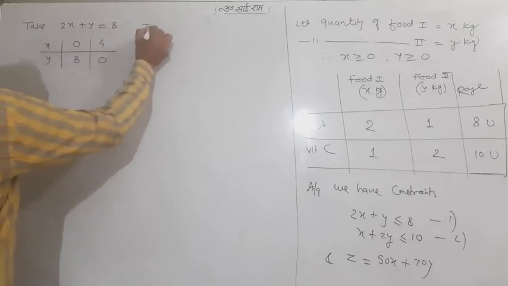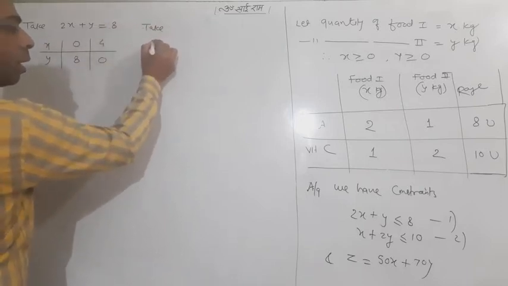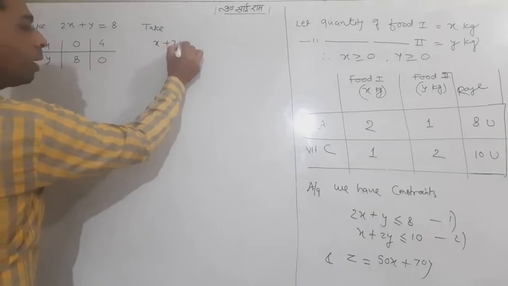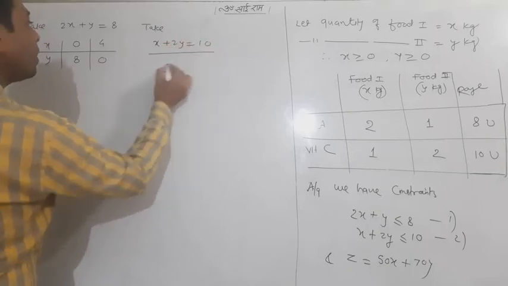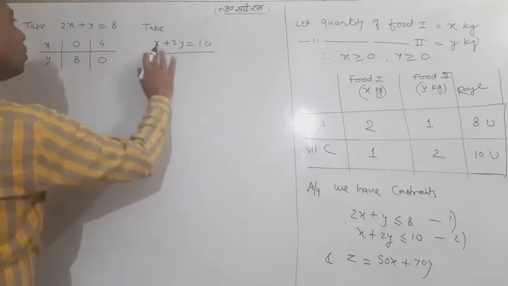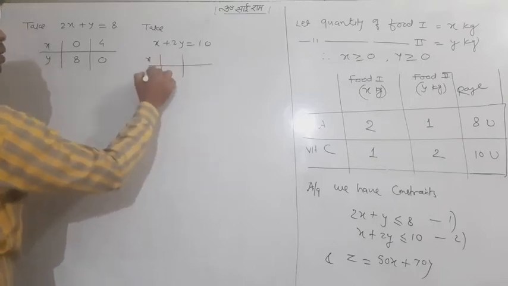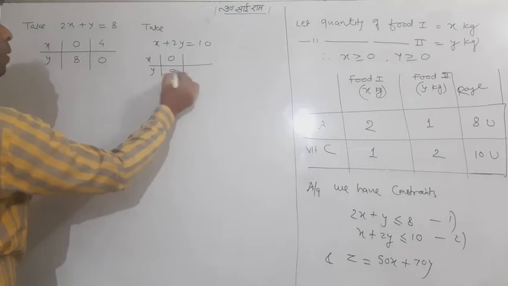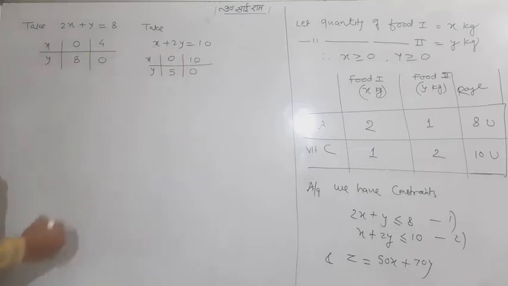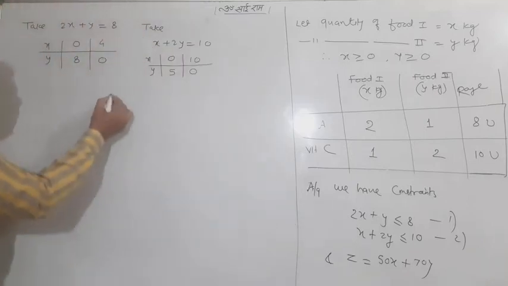And take x plus 2y equal to 10. Again I'll make a table: x equal to 0, y equal to 5; y equal to 0, x equal to 10. After making all these, I'll make a picture.